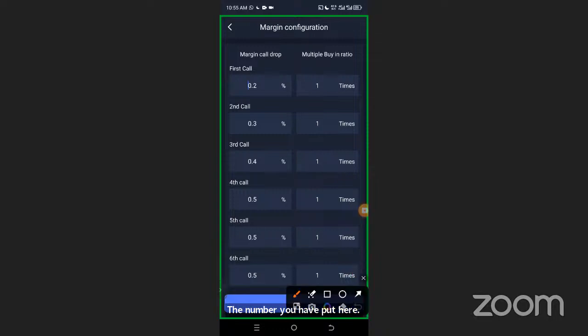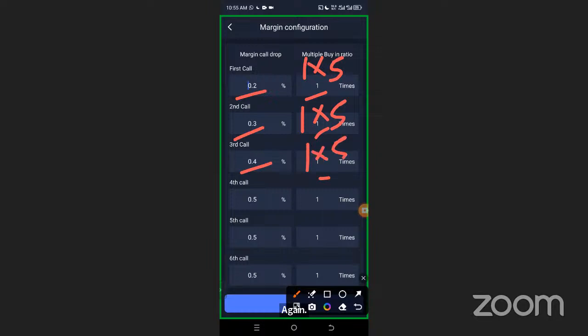Meaning that when the market drops by 0.2, the robot will buy one time, which is 1 times 5. Again, 1 times 5. Again, 1 times 5.